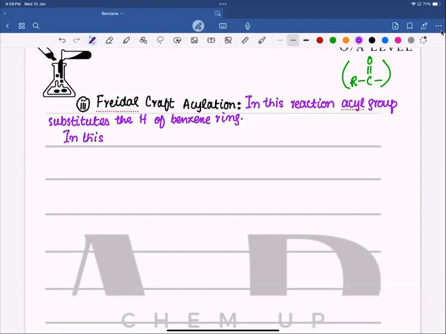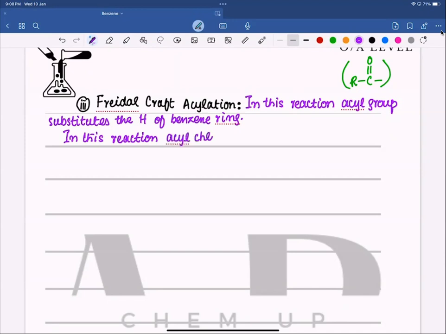In this reaction, we have used the acyl group, so acyl chloride is the reagent, as we have to substitute the acyl group. So the chloride will be removed again in the same way and joins with AlCl3 to form AlCl4 negative, making the acyl group an electrophile.